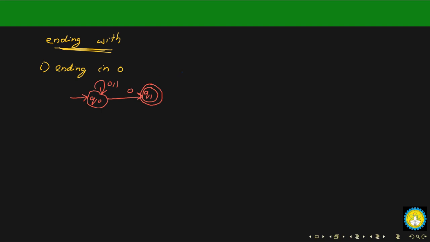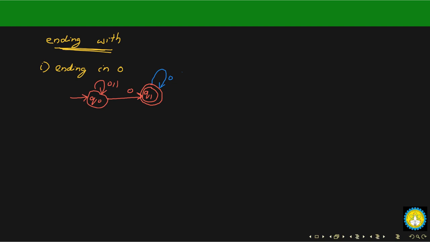We might get a confusion: what is wrong if I give a 0 transition alone here? That's true. Even if you give a 0 transition, this NFA will still accept all the strings ending in 0. But that's not essential. Our purpose is to express it in the minimum possible way.